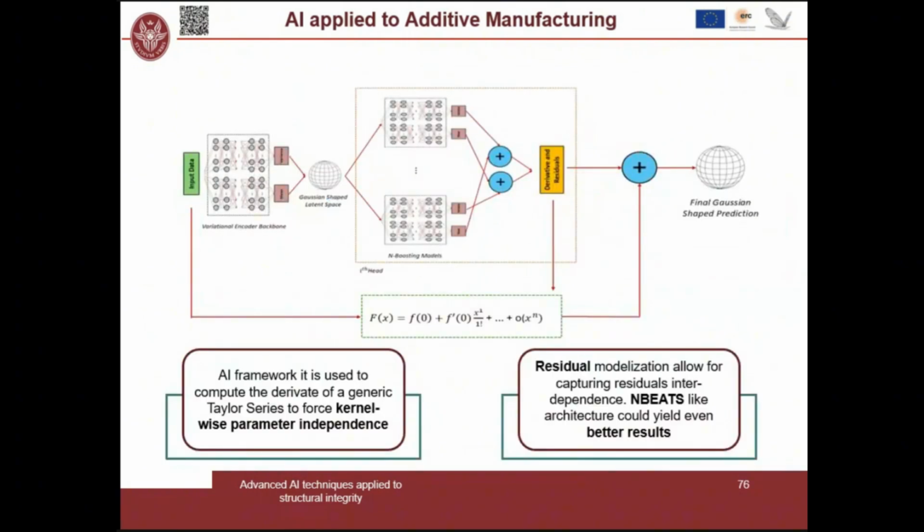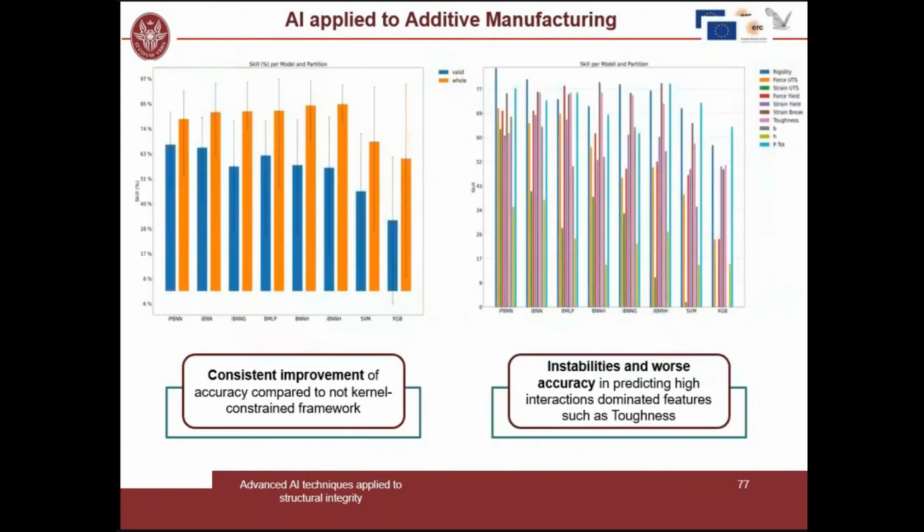So essentially, each neural network just computes the coefficients of the truncated Taylor series plus the residuals, and everything works as before. But in the end, we have an increase in accuracy with respect to the standard model. So that was just to show you that by using Shapley values, by using some logic to give more context to your model, you can increase its accuracy.